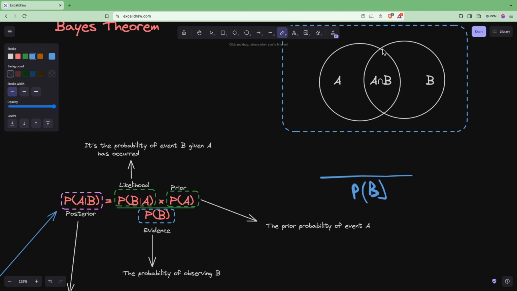What is the probability of the event A, which is P of A? This is the probability that was earlier, which is different now, multiplied by the probability of B given that A has already occurred. It is that simple.